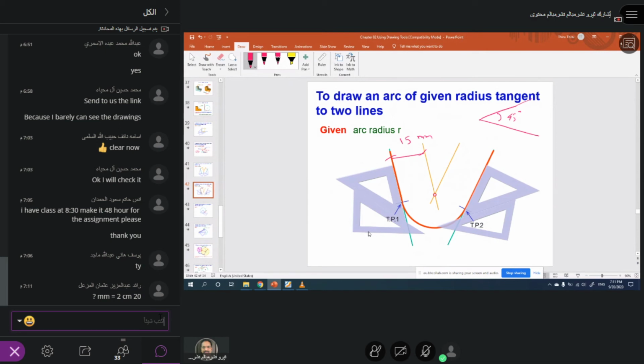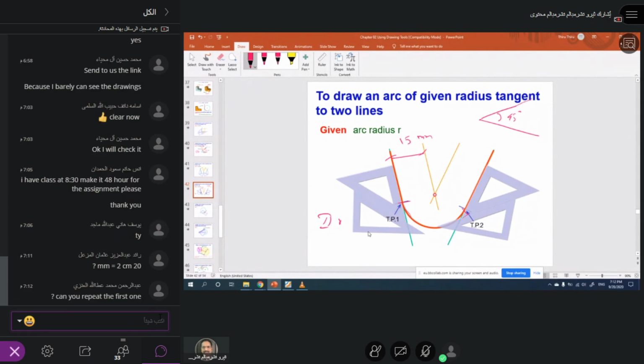Then you can find out line 1 and 2 and draw this radius. So this is the second exercise. You have to start it right now, and you submit it through the assignment along with the other tangent exercise. You submit it within 48 hours. Right now, I want you to start these two so that if you have any questions, you can ask me. Do it now, please.